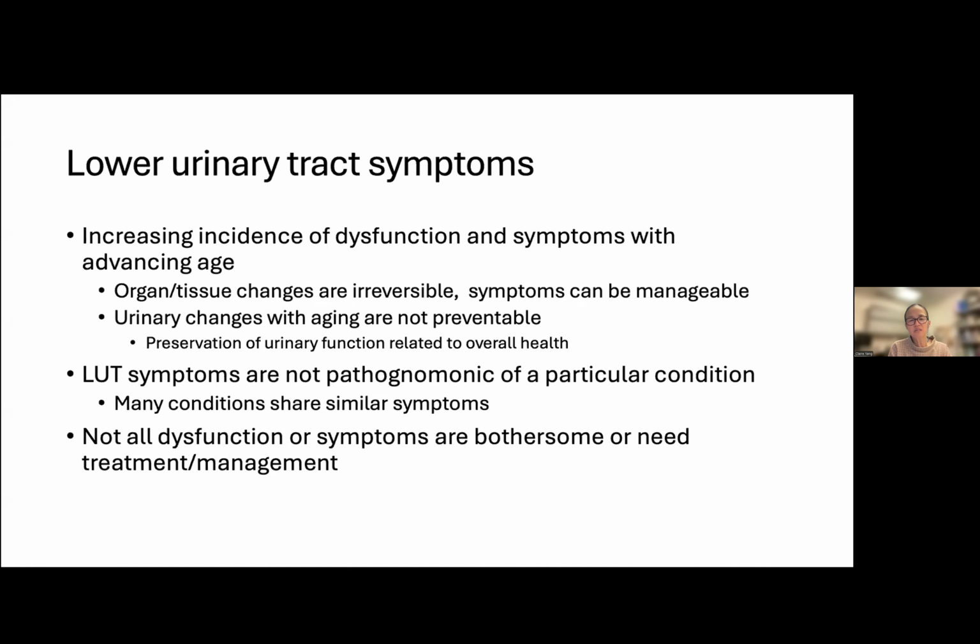They're mostly related, if they're not iatrogenic, like as a result of surgery or something. One thing to keep in mind is that the preservation of urinary function is primarily related to overall health. So if your cardiac, pulmonary, neurologic organs are all working well, it is highly likely your urinary organs and tissues will be functioning well.